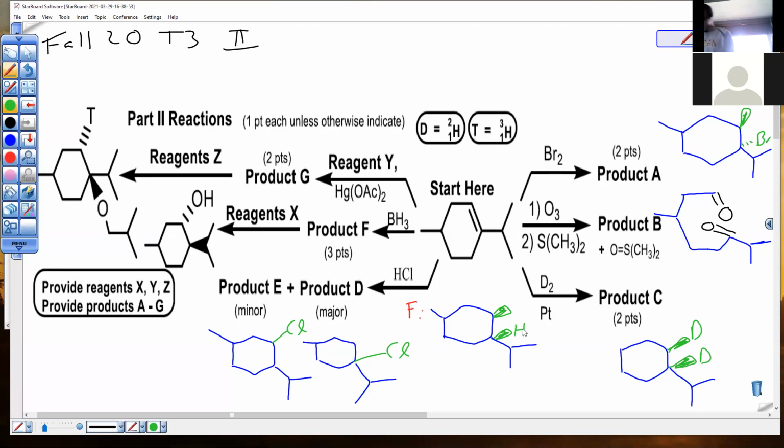And if you want to get 2 out of 3, do this. Put BH2 here. You'll get 2 out of 3 for that answer. I know you want 3 out of 3. So you're going to put BR2, and you don't get 3 out of 3. Still get 2 out of 3. It's fine to use R groups, but if you haven't defined them, don't expect any credit for them.